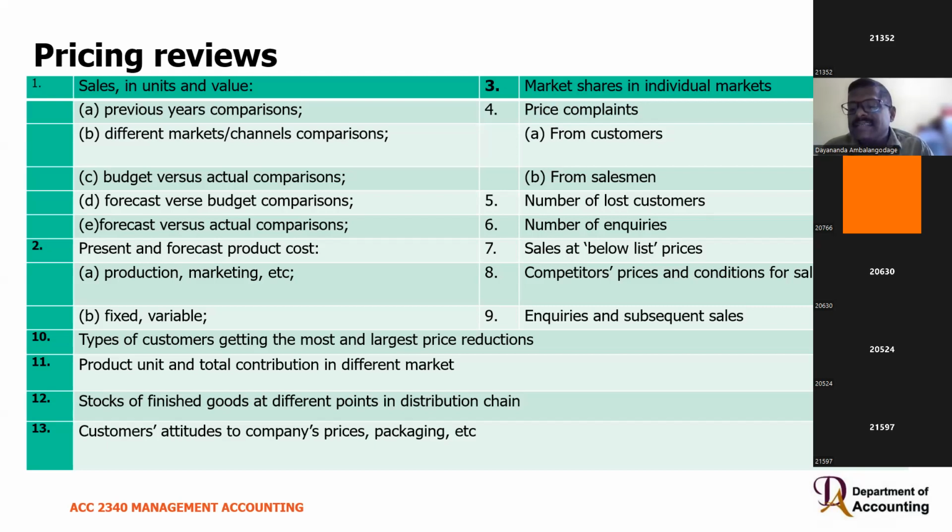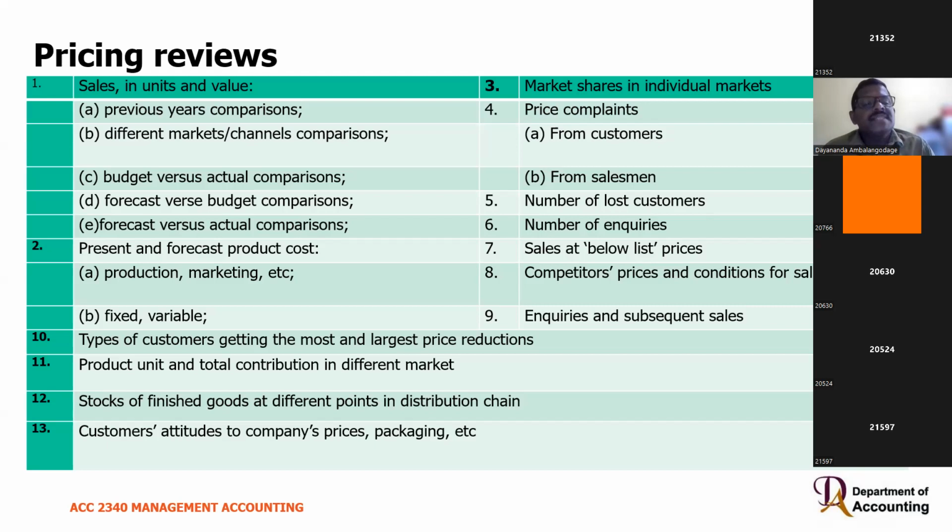Because sales revenue is a function of demand and price, you need to know whether there is a problem in pricing, whether your price is too low or too high.